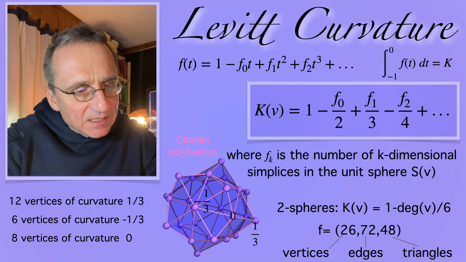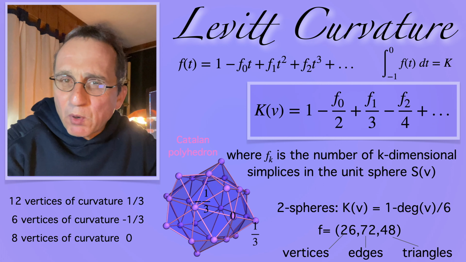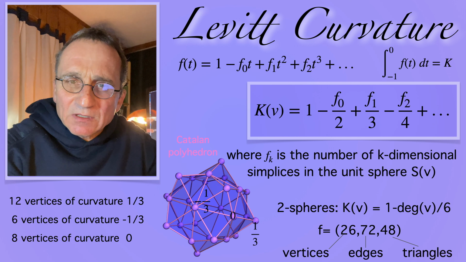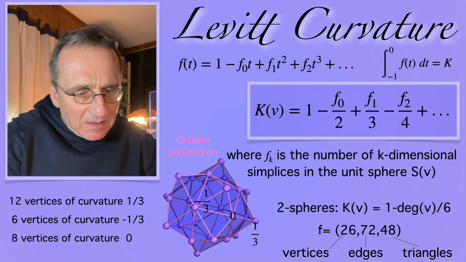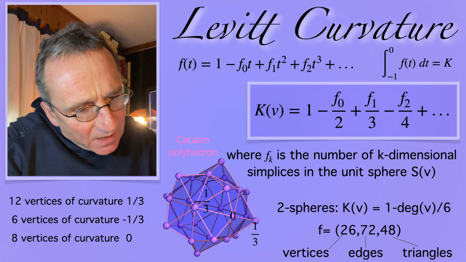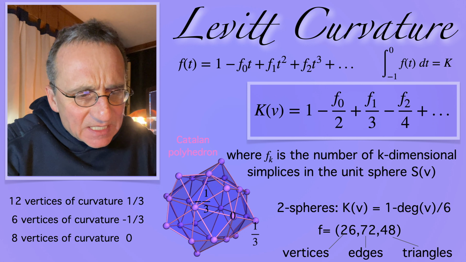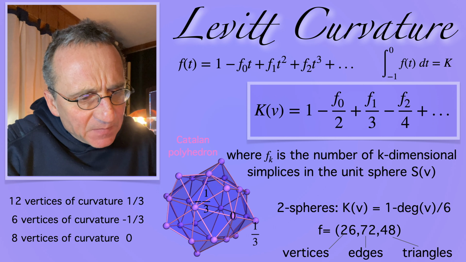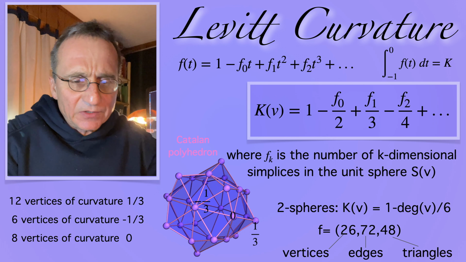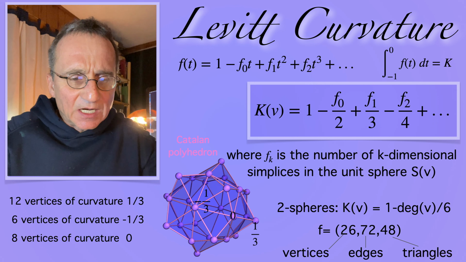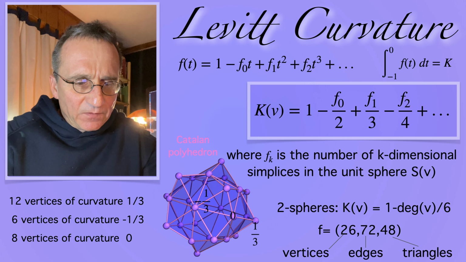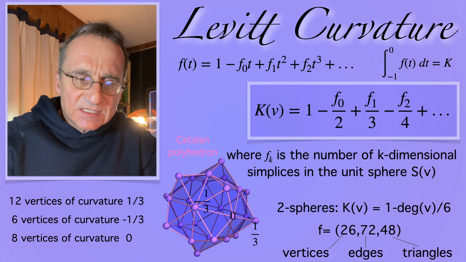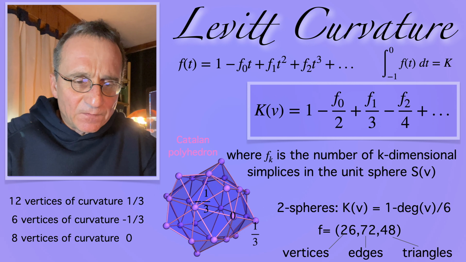In that case, I just took a polyhedron, one of the duals, the Catalan solid, and then we have the curvature 1/3 or -1/3 or 0. And the Euler characteristic is 2. Of course, 26 vertices, 72 edges, and 48 triangles.